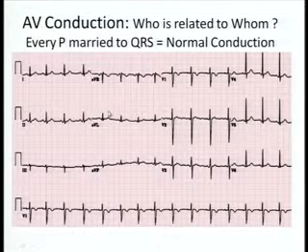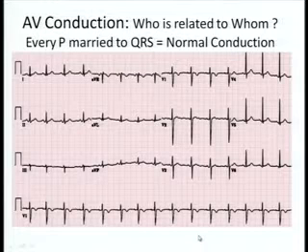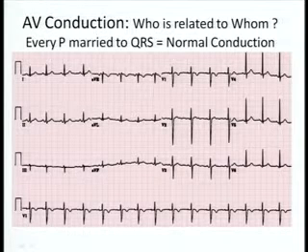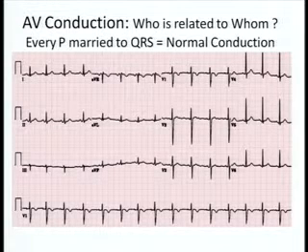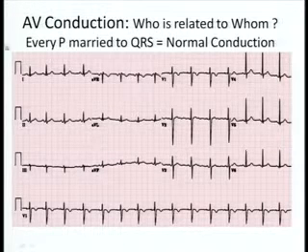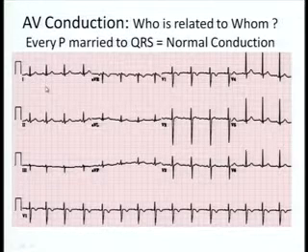Now, we are always interested in relationships. The next thing is I want to know whether after the atria is depolarized, it is depolarizing the ventricle normally. So I call it who is related to whom. Are we married, or divorced, or occasionally married, or have girlfriends? We'll make it funny. Now quickly I look at it. I see that it is slightly more than 3 large squares, so my rate is okay.